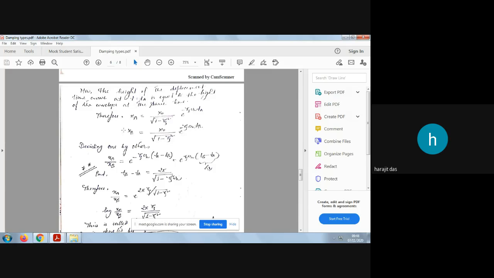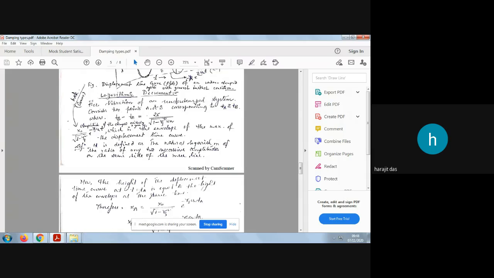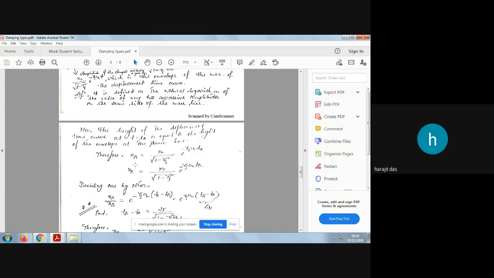So we need to find the ratio, isn't it? You just have to divide, because we need to take the natural logarithm, and only then will you be able to find the logarithmic decrement. By definition, it is the natural logarithm of the ratio of any two successive amplitudes. So xa and xb are the two amplitudes on the same side of the mean line.